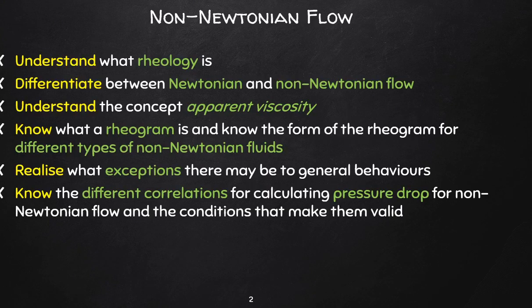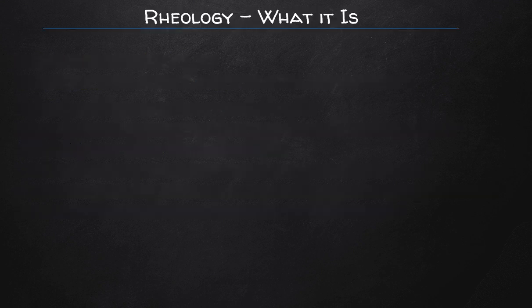We will cover very briefly the principle of rheology and differentiate between Newtonian and non-Newtonian flows, also understand what is meant by apparent viscosity, which is described in a textbook, and then also be introduced to rheograms, which you may have seen before, of various types of non-Newtonian fluids as they deviate from Newtonian fluids, and then also go over the exceptions and some correlations which we will be able to use, which should also be used when we determine pressure drops in the cases when we have non-Newtonian flows.